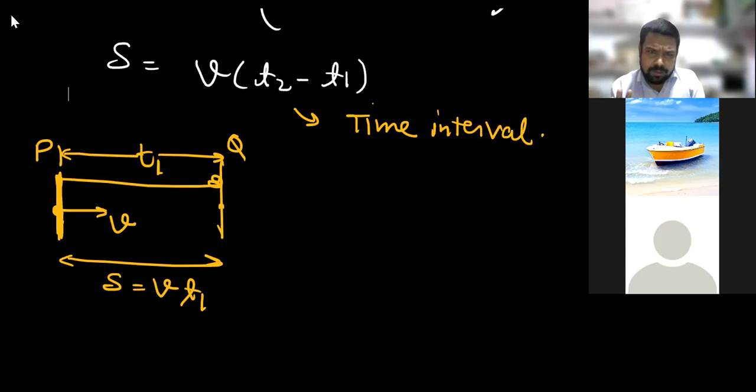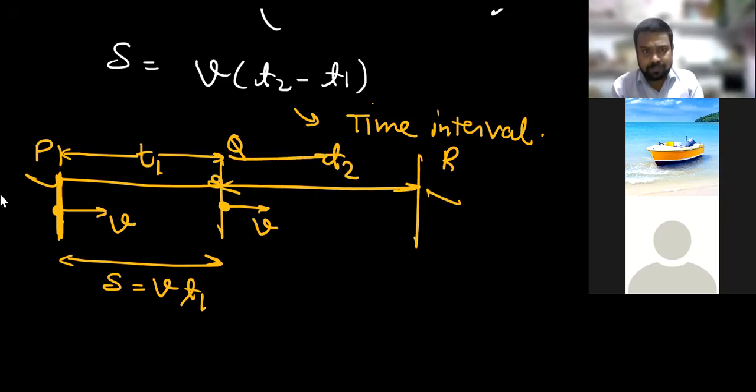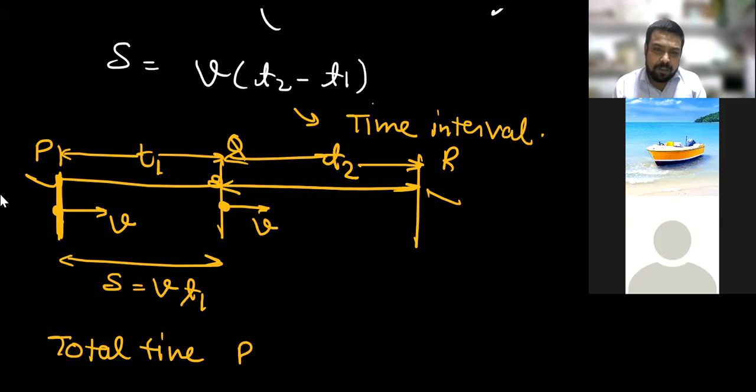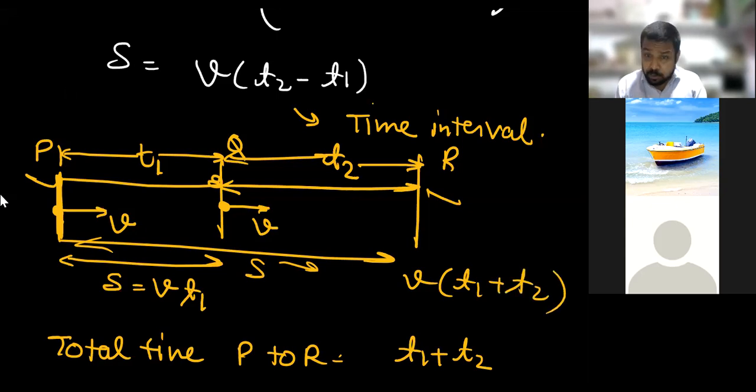And let us assume it further moves with the velocity v from Q to R, taking time t2. Then what is the total time from P to R? T1 plus t2. Total time taken by the particle from P to R is t1 plus t2. So the displacement is v into t1 plus t2. This is the total time, it's not the time interval. Do you understand?